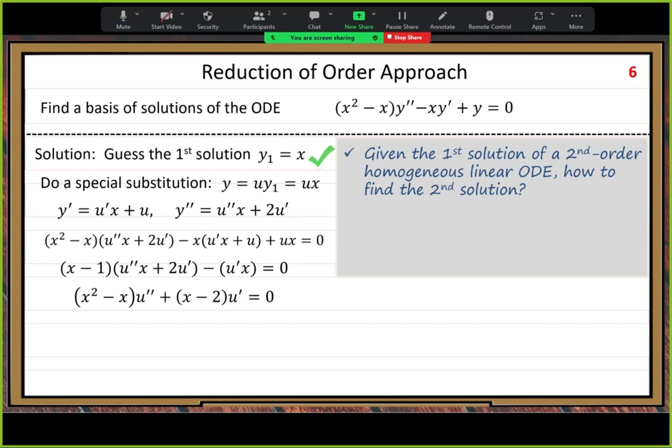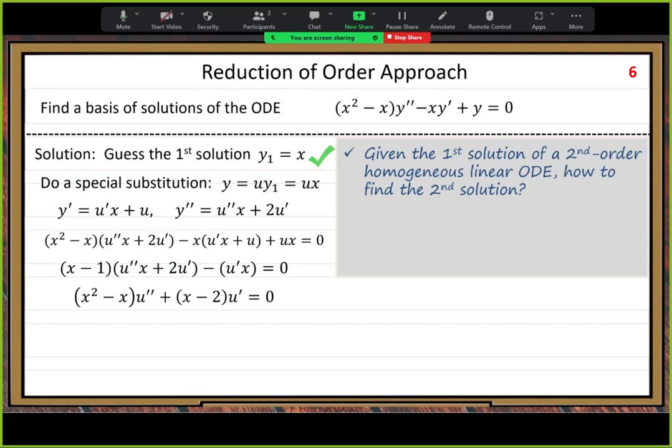But one thing: the u term is gone. It is simpler than the original one, where the y term is there. That good property, we can take advantage of.